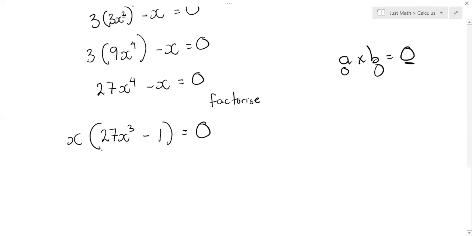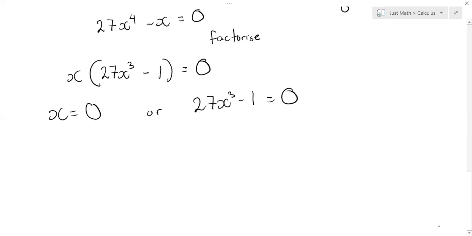So it's the same thing here. Either x is 0 or 27x cubed minus 1 is equal to 0. So we found one solution: x is equal to 0. Good. How about this one?